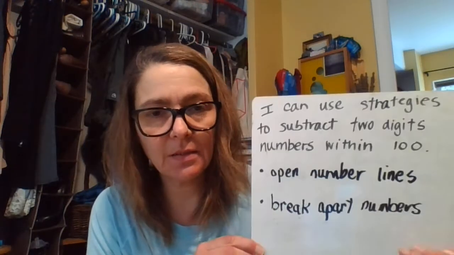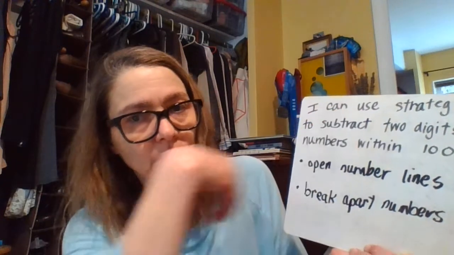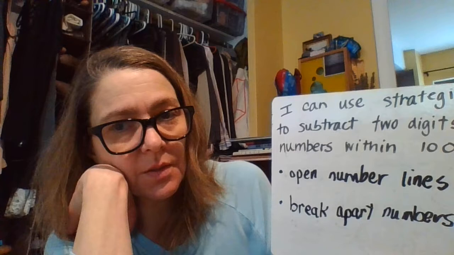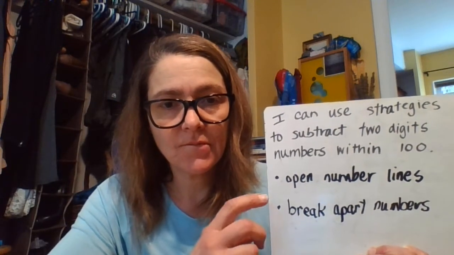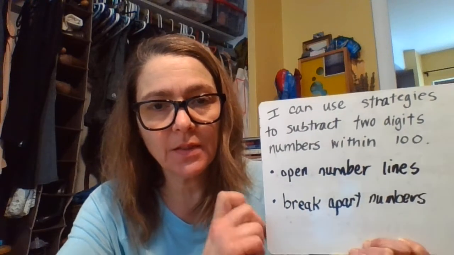let's get started. Here is the I can statement. I can use strategies to subtract two-digit numbers within 100. We did a couple of different ways to use the number line.